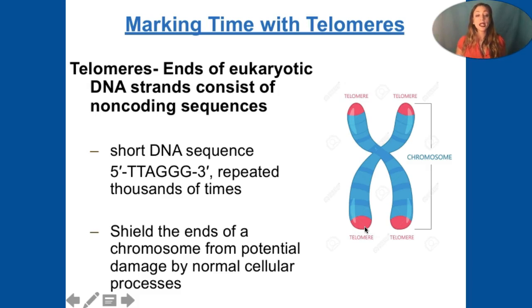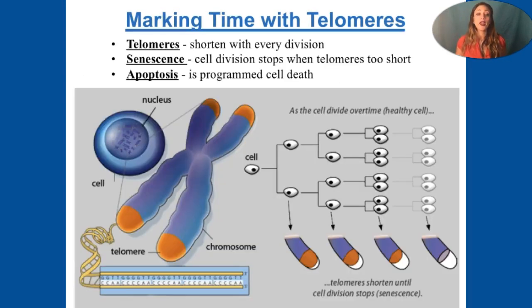So let's say a chromosome gets replicated one time, that telomere is going to get cut off a little bit shorter. The next time it's going to get cut off a little bit shorter, and so forth. These non-coding sequences at the end are only there to protect the chromosome from being degraded by enzymes or anything else.